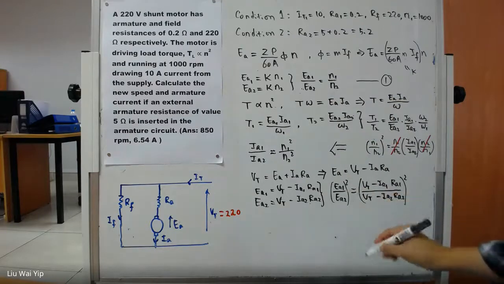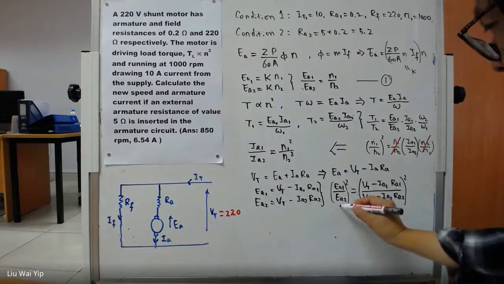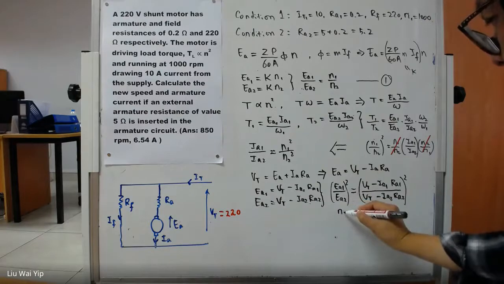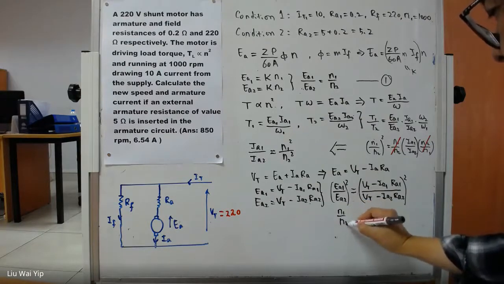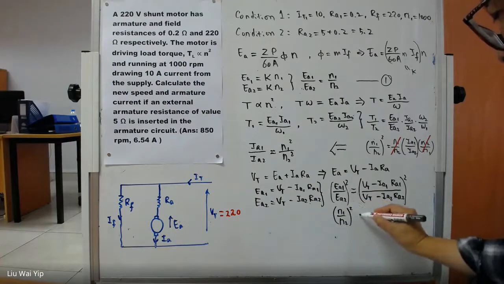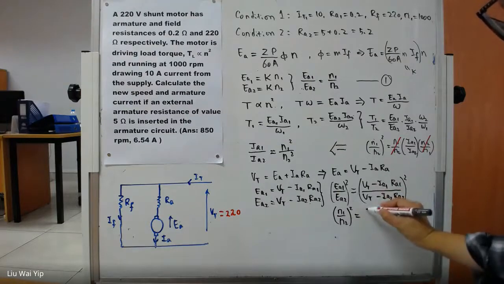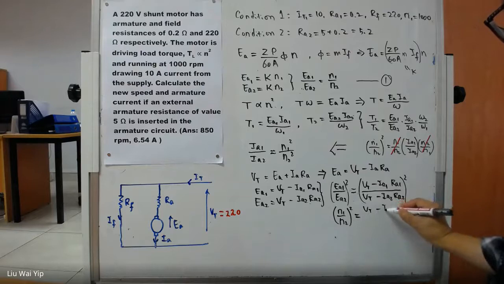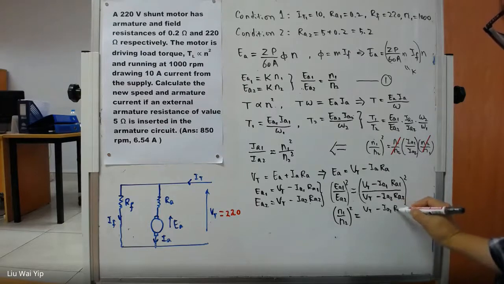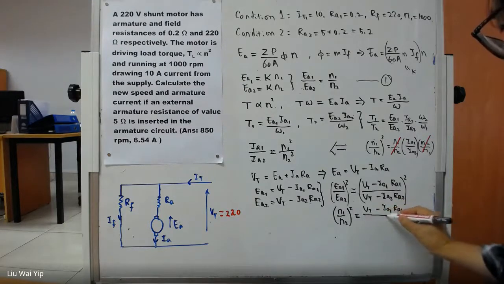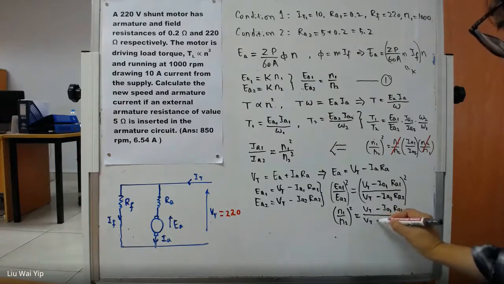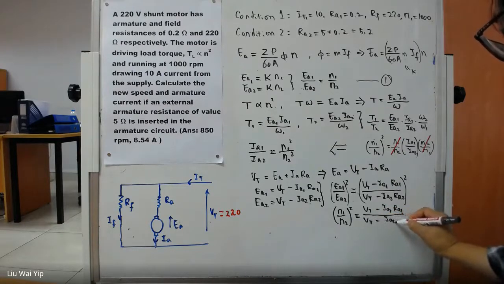So we can say that this guy is N1 over N2, and then here is VT minus IA1 RA1 over VT minus IA2 RA2.